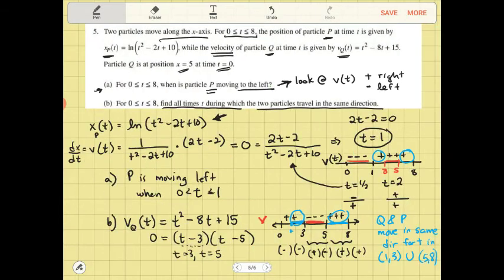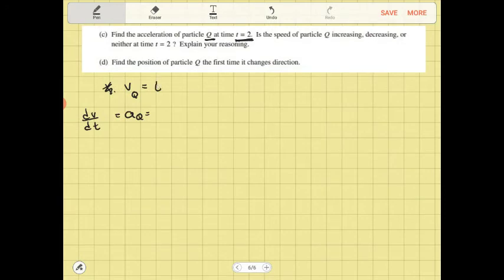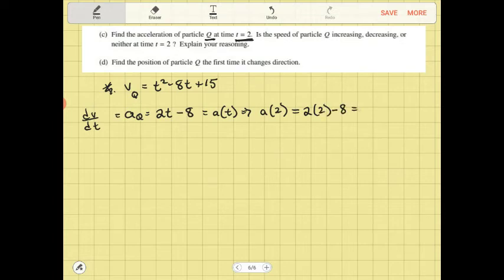So let's go back and look at the velocity of particle Q, and that was t squared minus 8t plus 15, which gives us an acceleration of 2t minus 8. This is your acceleration as a function of time, which means that at 2, the acceleration will be -4. Now, it's important to include units here, so acceleration would be in meters per second squared.